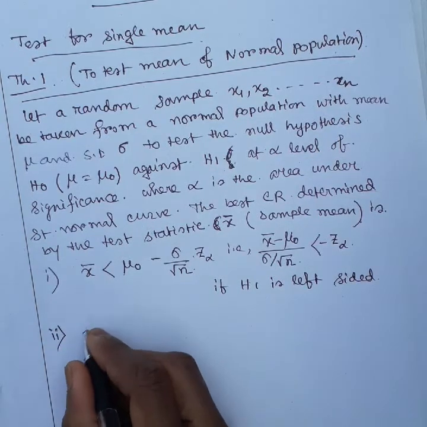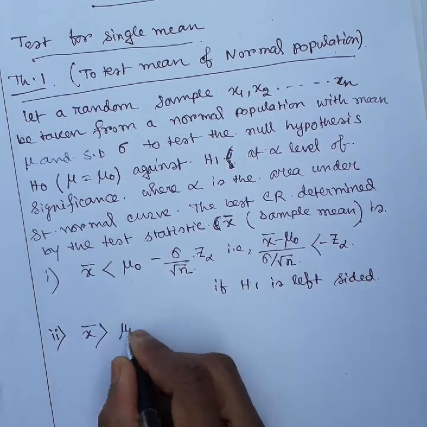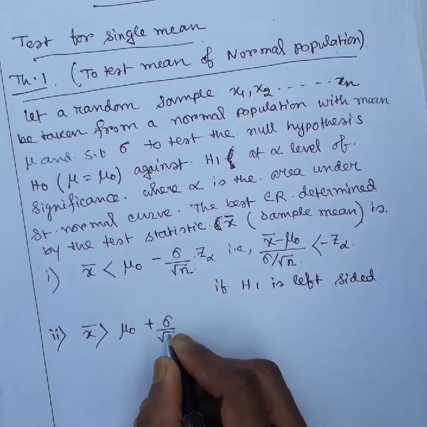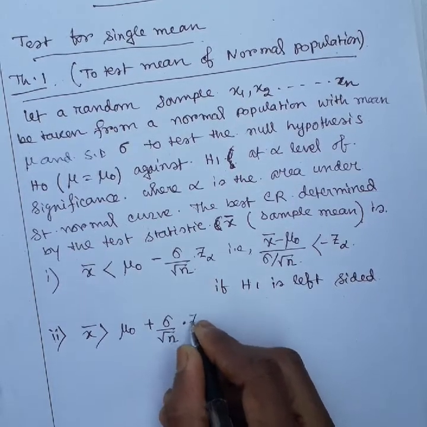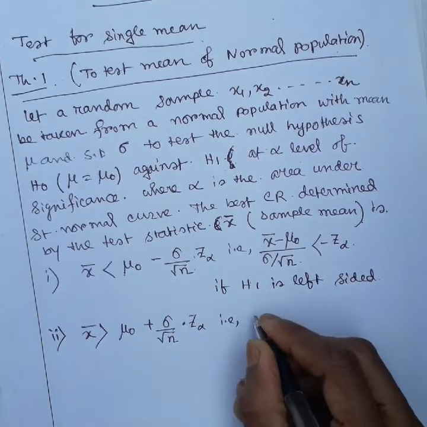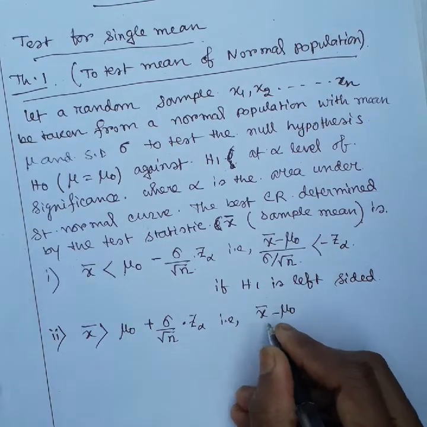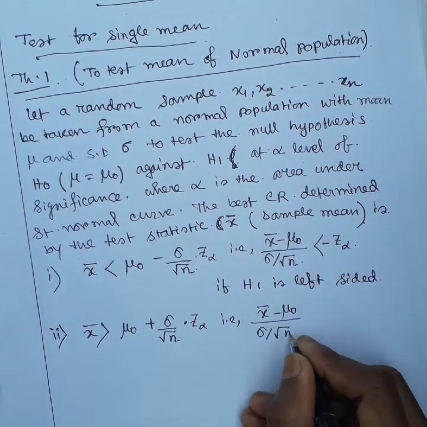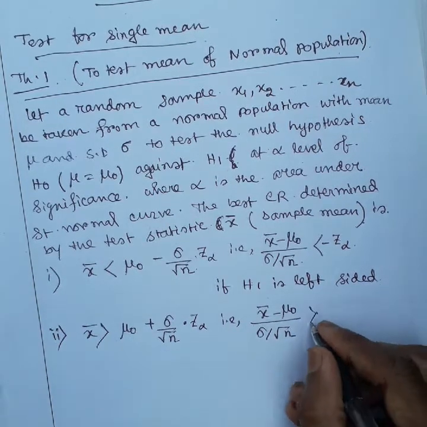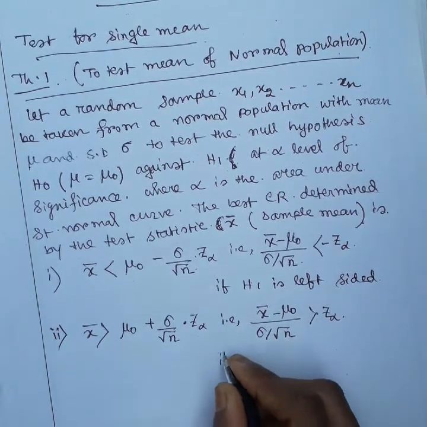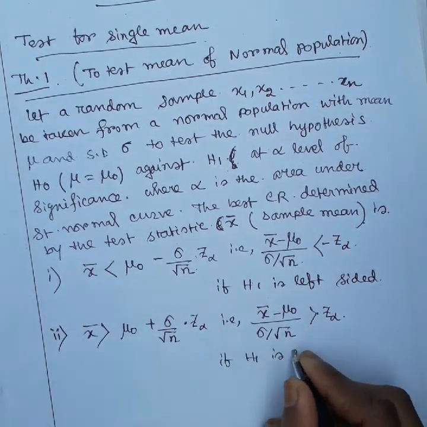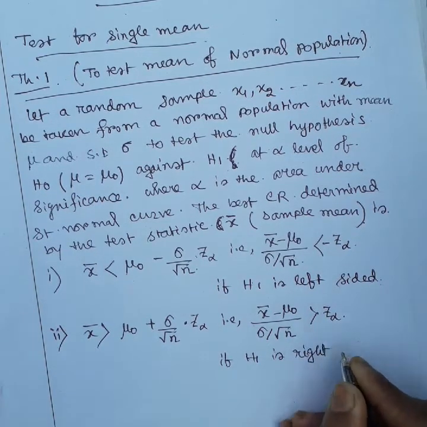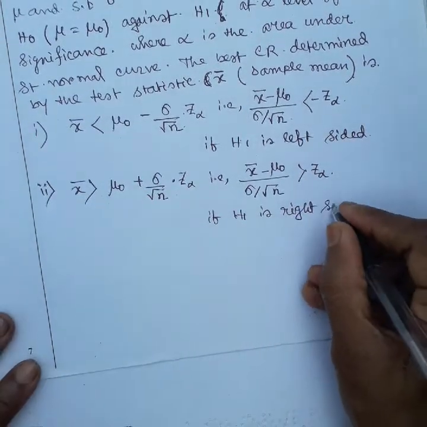And number 2 is x bar greater than mu 0 plus sigma by root n into z alpha. That means (x bar minus mu 0) by (sigma by root n) is greater than z alpha, if H1 is right sided.